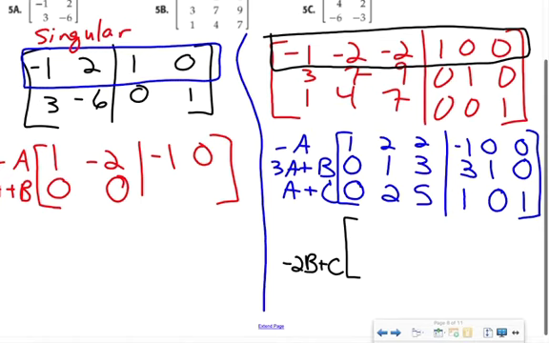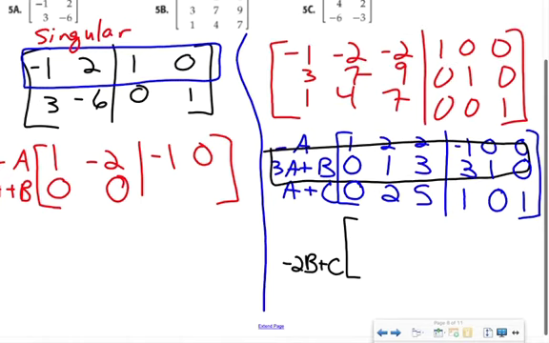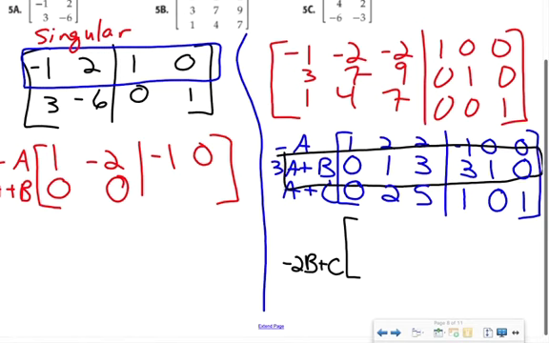And again, for the sake of clarity, that's the B that I'm adding stuff to.